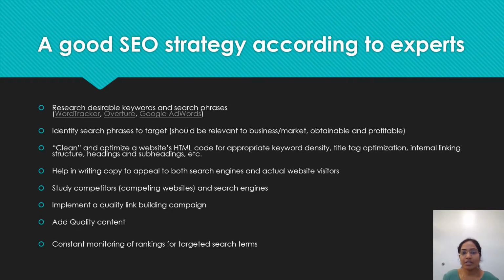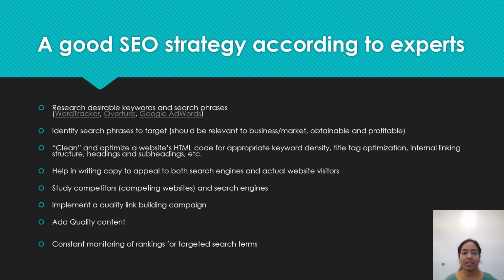So, what is a good search engine optimization strategy according to experts? It works with researching desirable keywords or search phrases, which we see in real time, like Google AdWords, Wordtracker, or Overture. Now, what kind of search phrases should be targeted? Those of an actual business or market which leads to profitable business.